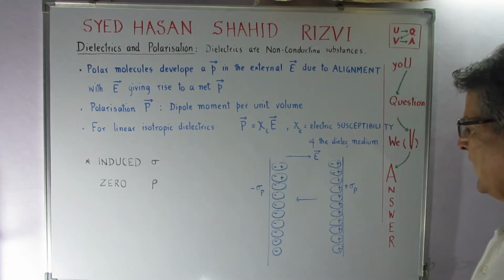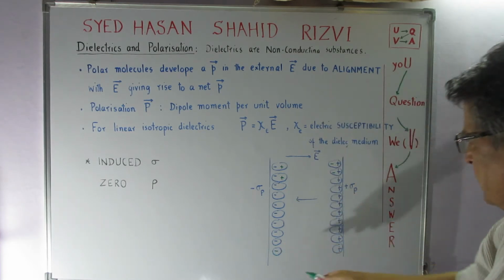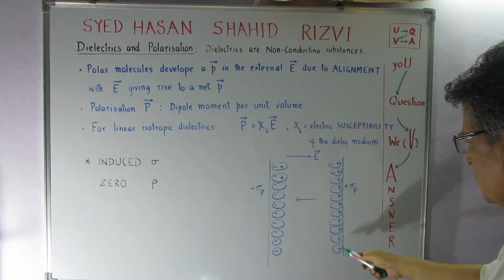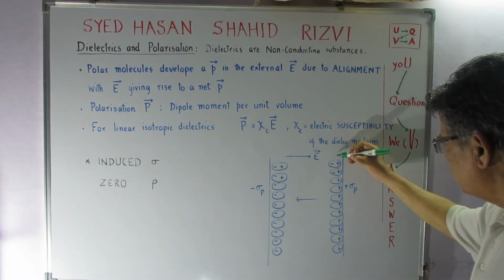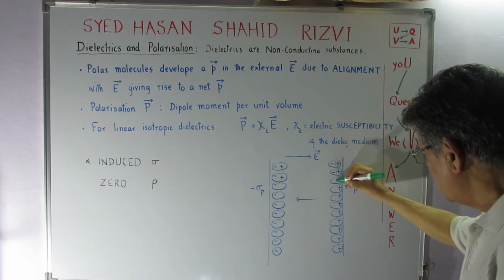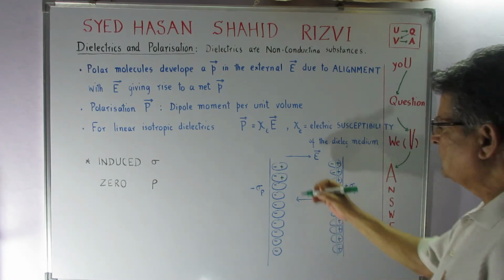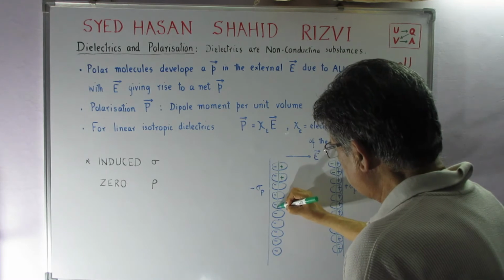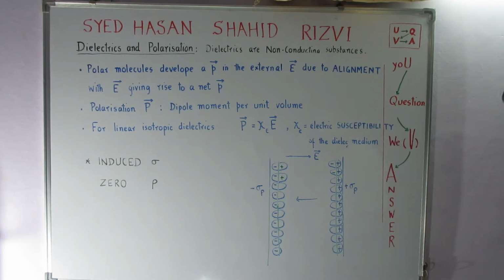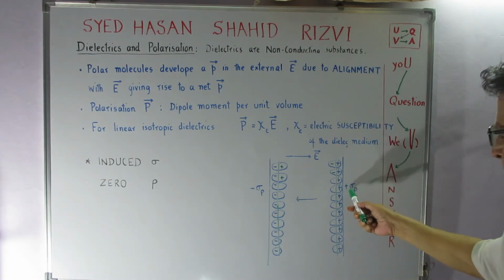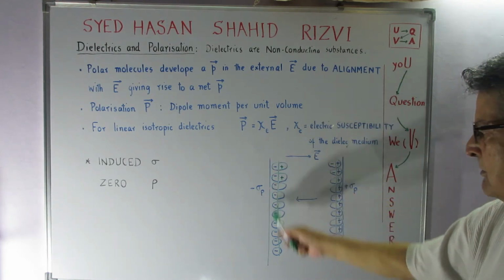In doing so, what actually happens is, I've just shown that this side is negative near the surface, this side is positive, and the other molecules are oriented like that. So if I just look at this, this side I have all positive charges, and this side, because of the orientation, we have all negative charges. So I have a surface charge density plus sigma p, and here minus sigma p.